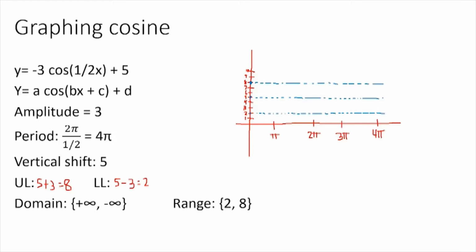And from 2 going upwards, so 5, will be right here. 8. And 5 again.